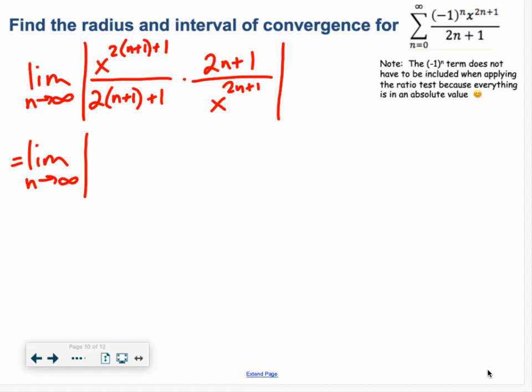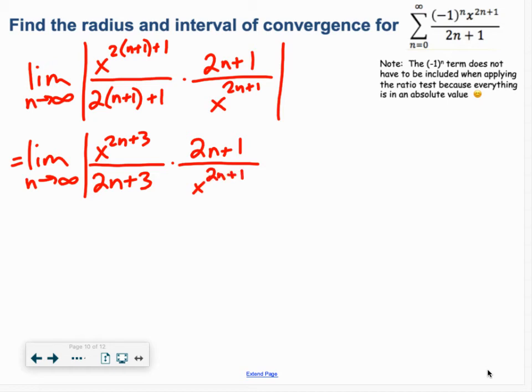So x to the 2(n+1)+1, when we clean that up, we get x^(2n+3) over (2n+3) times (2n+1) over x^(2n+1). So x^(2n+3), that's the same thing as x^(2n+1) times x squared, because remember, when you're multiplying, you add your exponents.